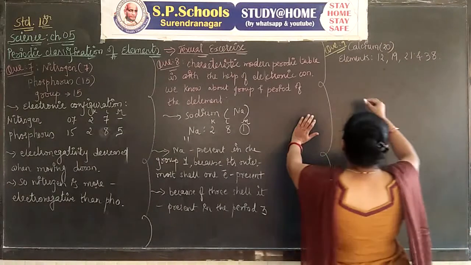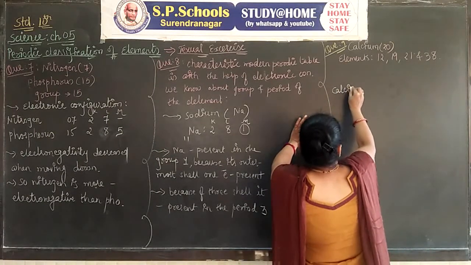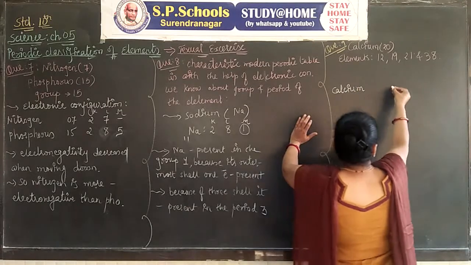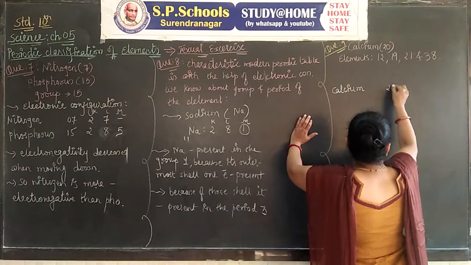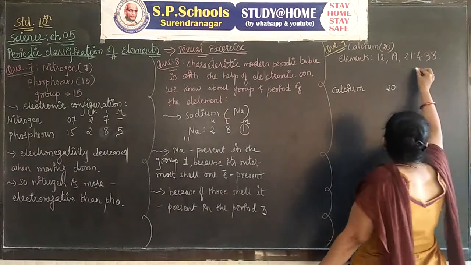First we write calcium atomic number 20 and then the electronic configuration.